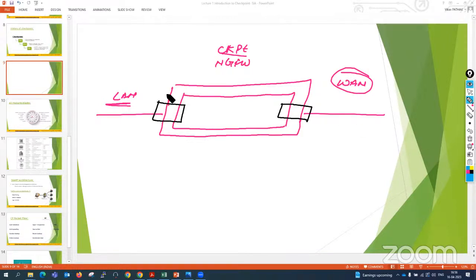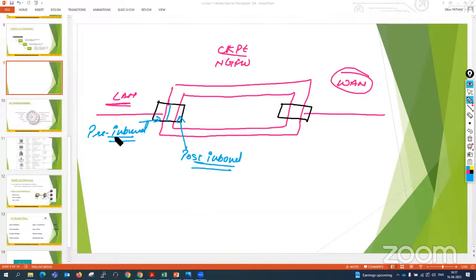Checkpoint says further that when we talk about this LAN interface or inside interface, there will be two parts of it. The first part will be called pre-inbound, and the second part will be called post-inbound.